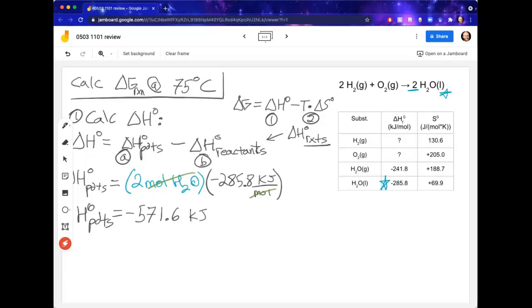Now we go to delta H of the reactants. In this case, my two reactants are hydrogen and oxygen as gases. Throw it in the chat. What is the value of delta Hf for both of these elements in their elemental forms? Yeah, I got a vote for 0, and that is correct.